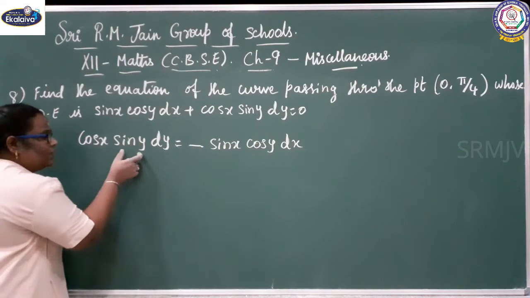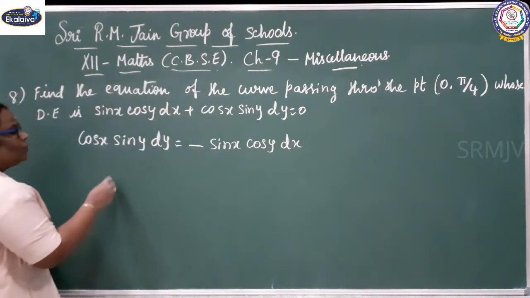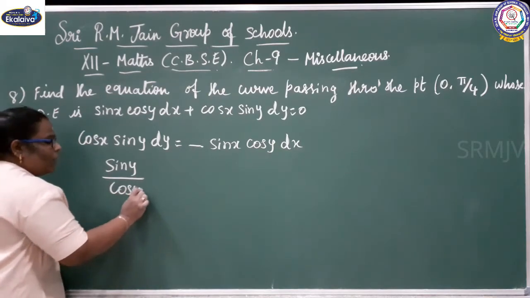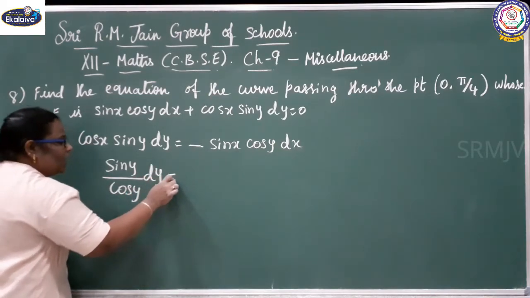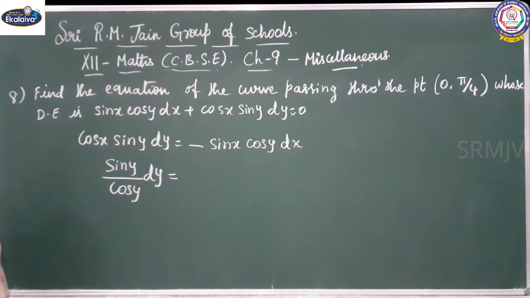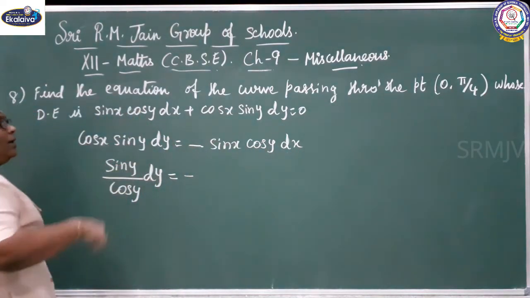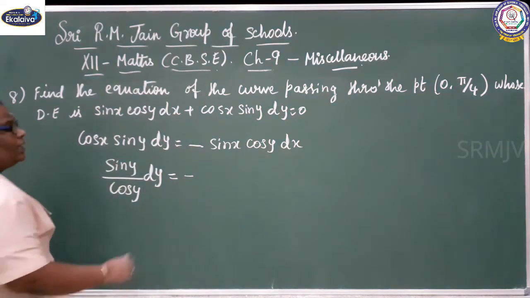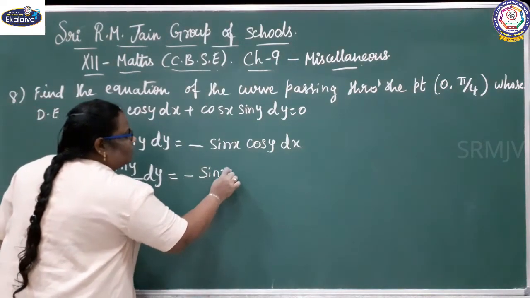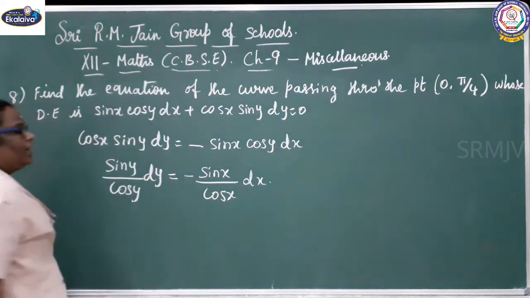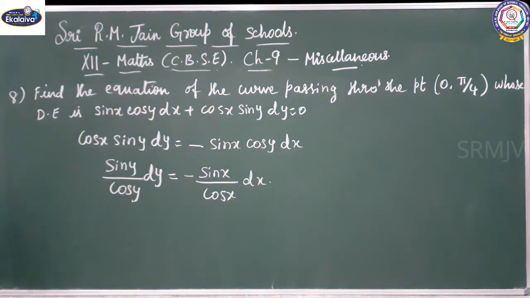So sin y is there, dy is there, so you bring that cos y here, so sin y by cos y into dy equal to minus, the same way, sin x is there, dx is there, bring that cos x term, so minus sin x by cos x into dx. What is sin by cos? Tan y.